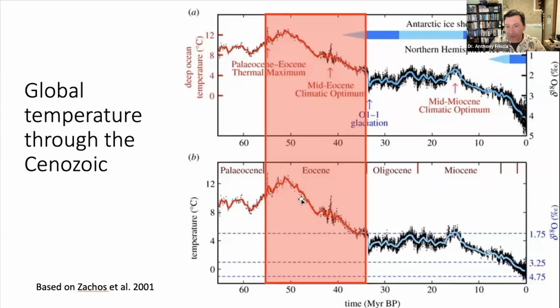One thing you can see on this graph is that it's not a smooth curve. There are big spikes in temperature, and there are dips. There's also a pretty big dip at the end of the Eocene, at the end of the time period that I'm interested in. That has to do with things like glaciers forming in the Antarctic. The time period we live in right now tends to be a much cooler time period in general, excepting the very recent past, which I'll talk about in a bit.